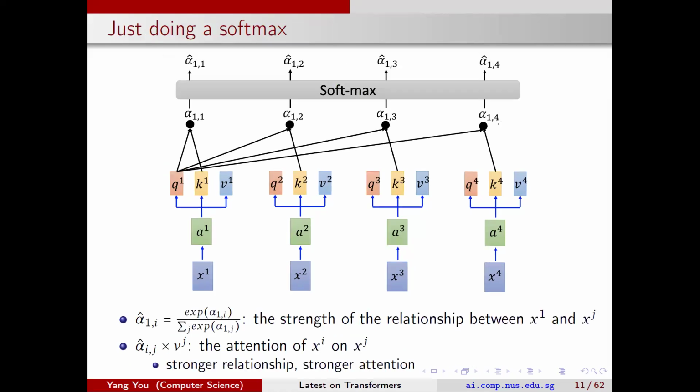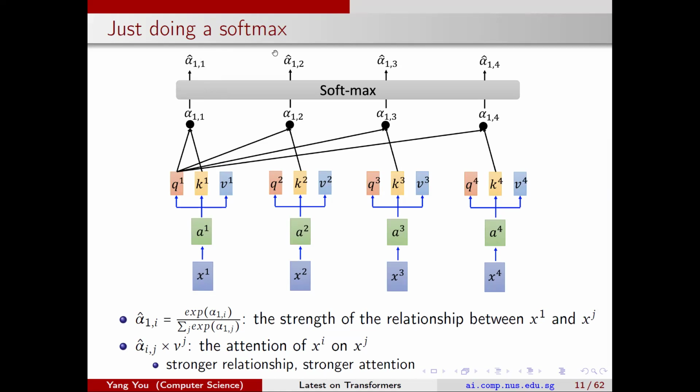And now we do processing. We just use softmax here because we want to convert alpha to alpha hat, like alpha 1,1 to alpha hat 1,1, or alpha 1,3 to alpha hat 1,3. Why do we want to do that? Because we want to control the range of alpha, making alpha hat between 0 and 1. It's more stable in the computation.